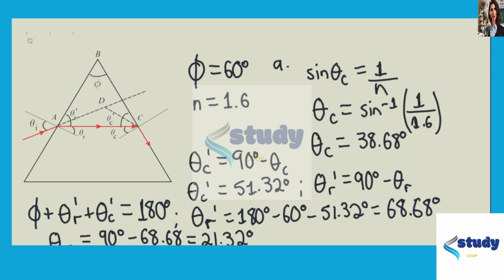For part B, we now need to apply Snell's law of refraction to the path of the light ray that passes through the prism. Here, the light ray would now, for part B, be the same path as part A, but now we have an angle here.